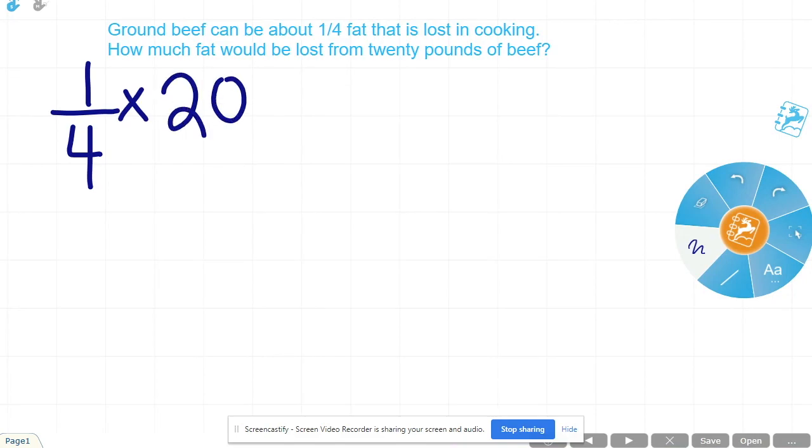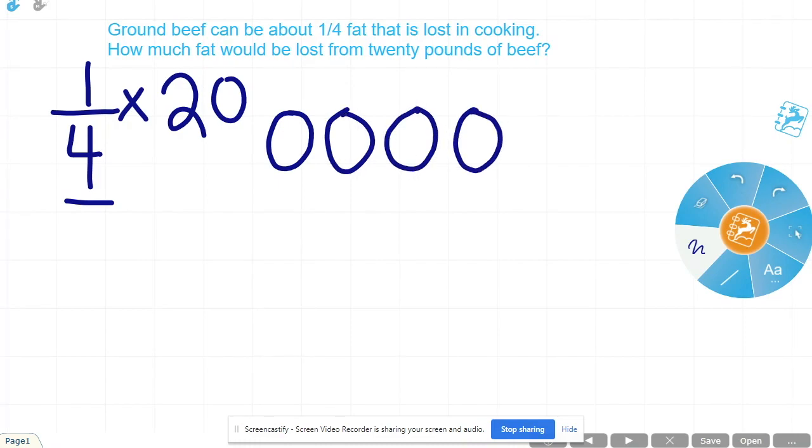Now, on this one, we're going to do the set model where we use our counters. So I have my denominator that is 4, so I'm going to have 4 groups. So I have 1, 2, 3, 4. Okay? And I'm going to keep counting until I get to 20.